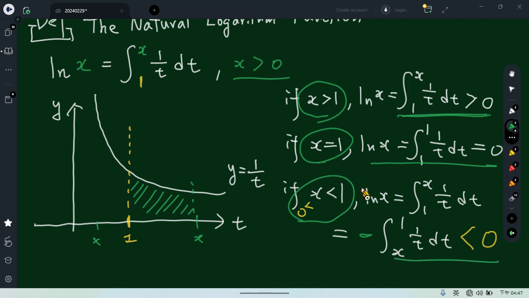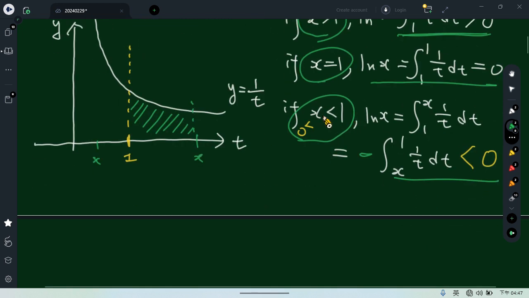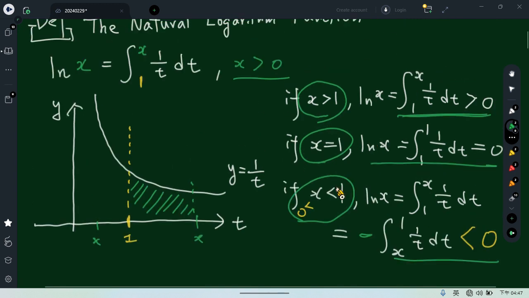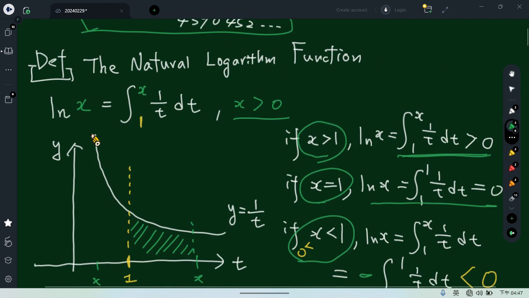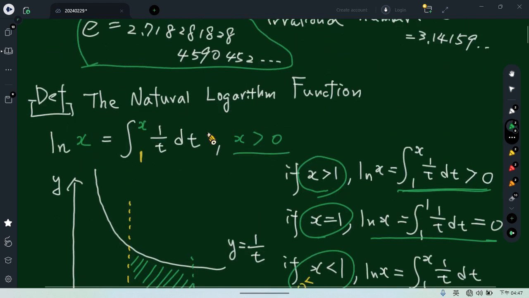So we have a rough estimation for the ln x function value. This is a very simple classification of these three parts. But later on, we will go into its function value in future study. Then we are talking about E, right?